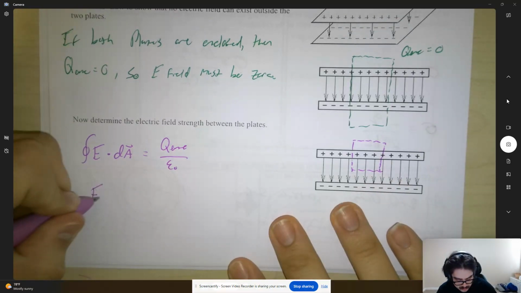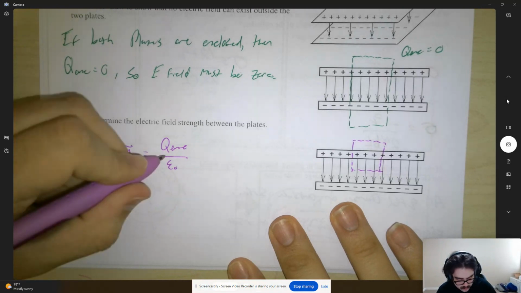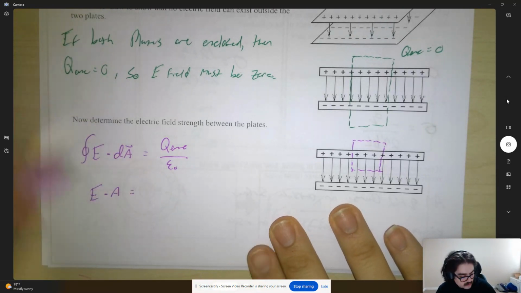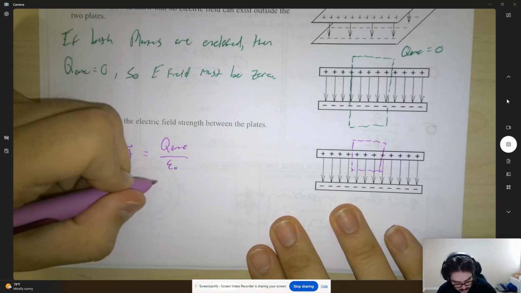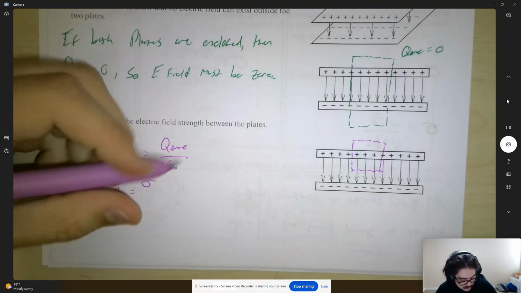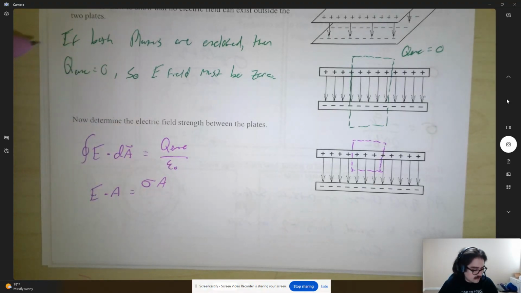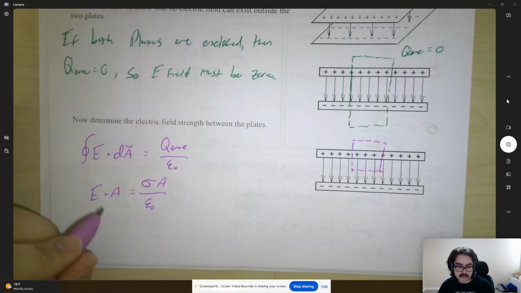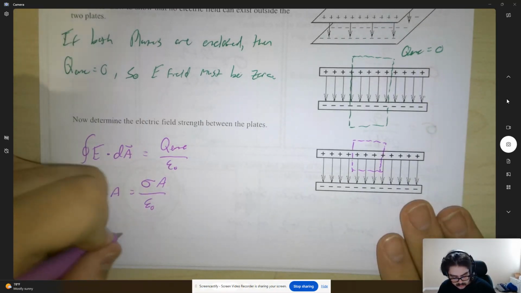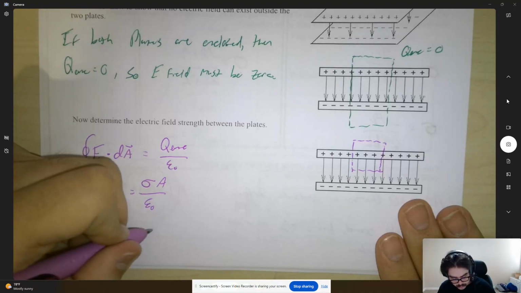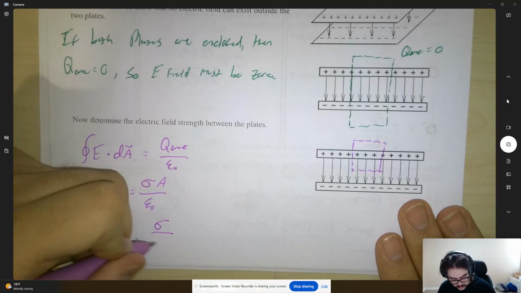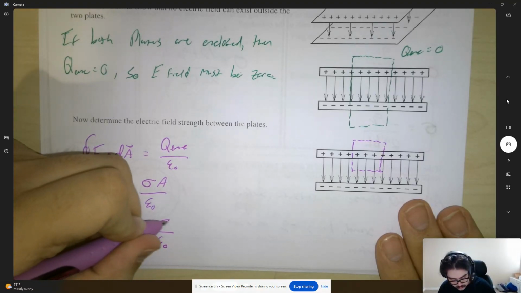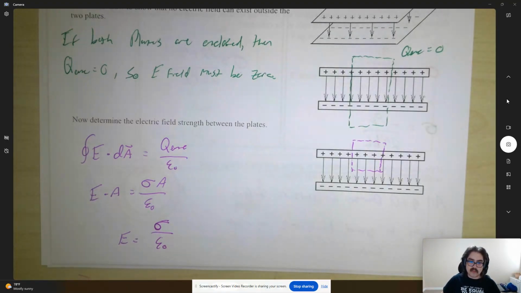So this is going to be E times A equals Q enclosed over epsilon naught, which I've already determined is sigma times the enclosed area of the plate, over epsilon naught. Then all you have to do is cancel out the A's, and you're going to see that you get E equals sigma over epsilon naught. That's all you have to do for that.